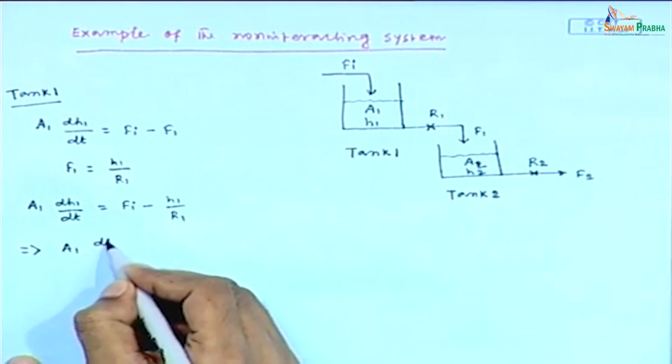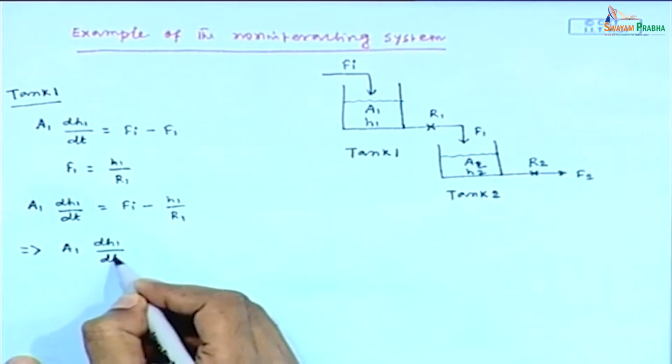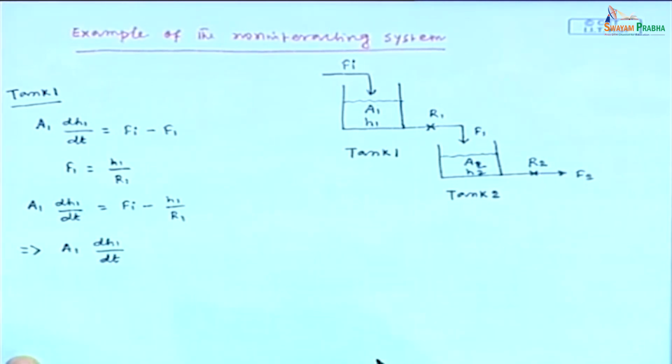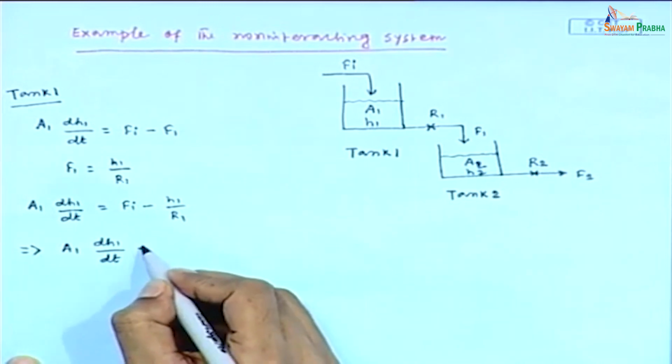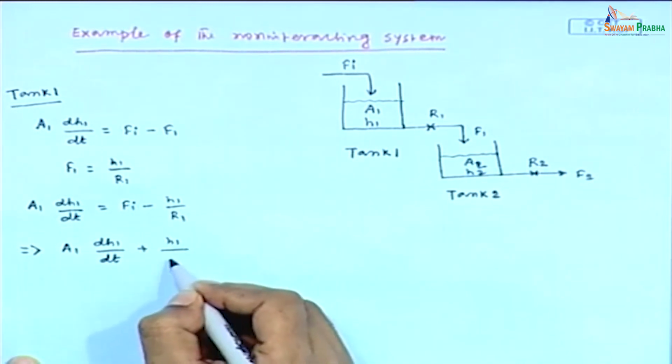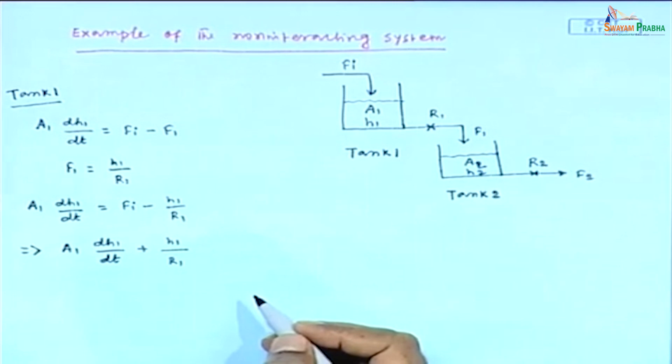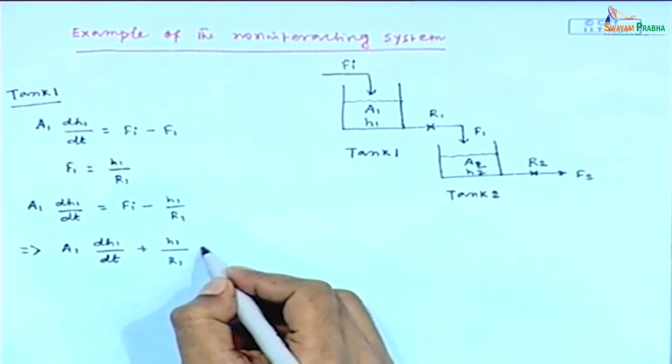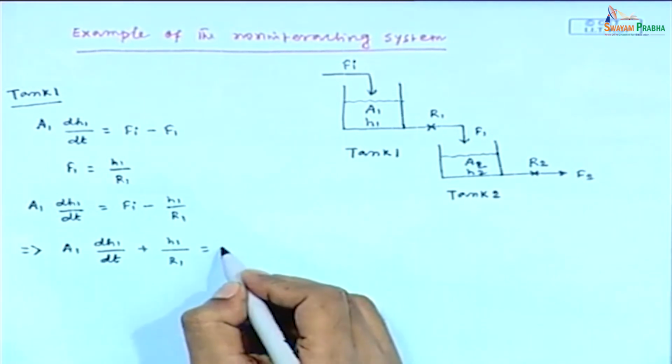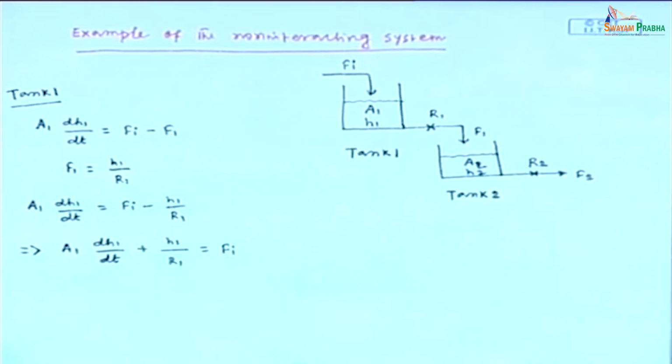Rearranging this equation, we have A1 dH1/dt plus H1 divided by R1 equals Fi.